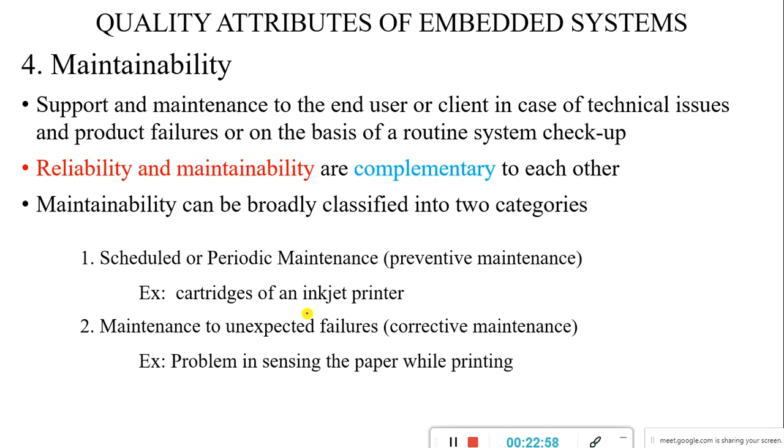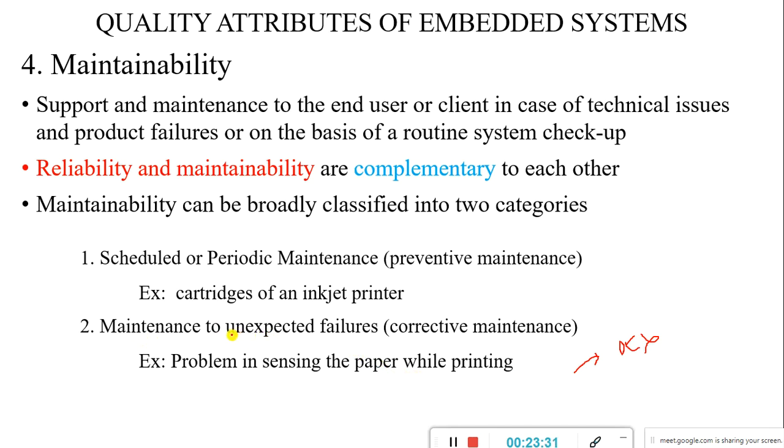Now, another example for maintenance due to unexpected failures. Probably this is a very good example. Whenever I keep the paper, there is one small sensor present in the printer that senses the presence of paper, whether it is present or not. Sometimes that sensor goes wrong, due to usage or aging of the device, and it loses its sense.